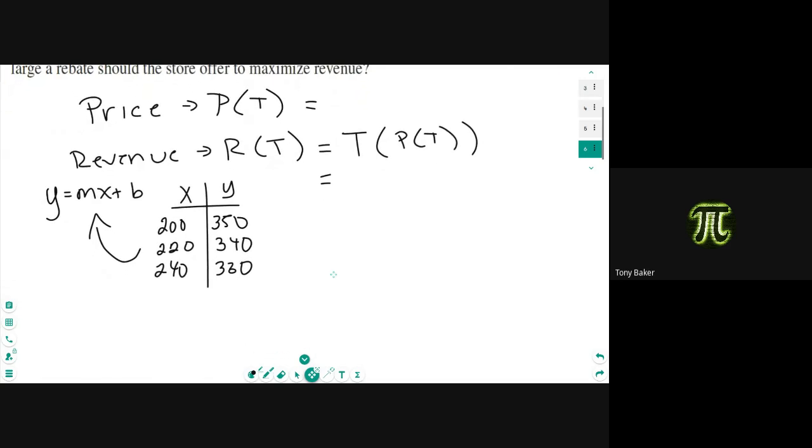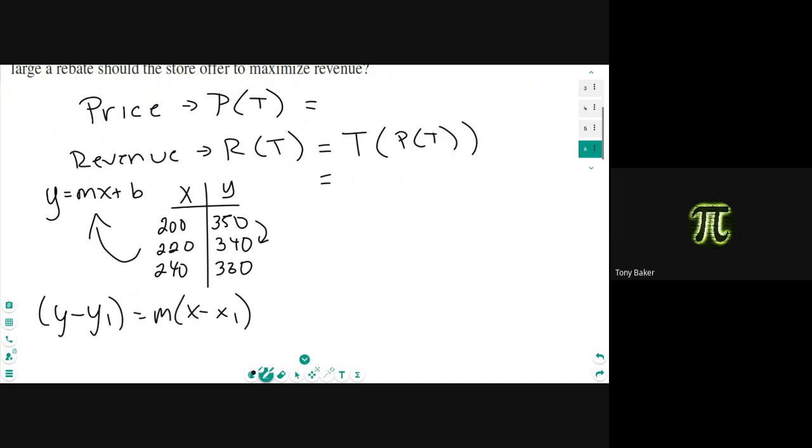You can start off, if you want, with y minus y1 equals m times x minus x1. You don't have to necessarily go directly to that. What's your slope? How'd you get 70,000?